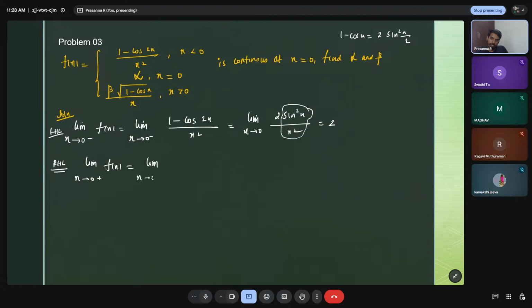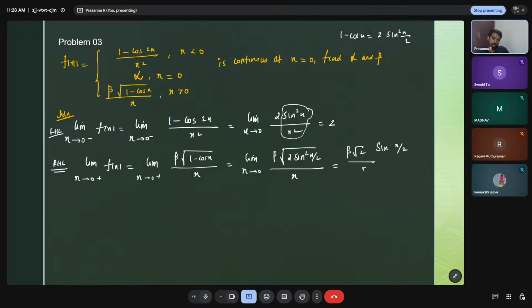So limit x tending to 0 plus of beta times root of 1 minus cos x by x will be limit x tending to 0 beta times root of 2 sin square x by 2 by x. Now you take beta root 2 outside, you will be having sin x by 2 by x.